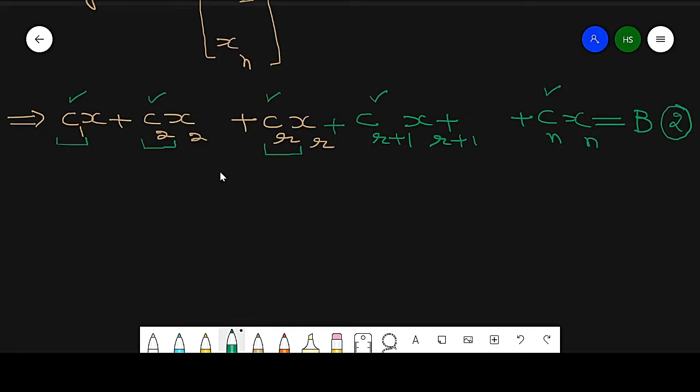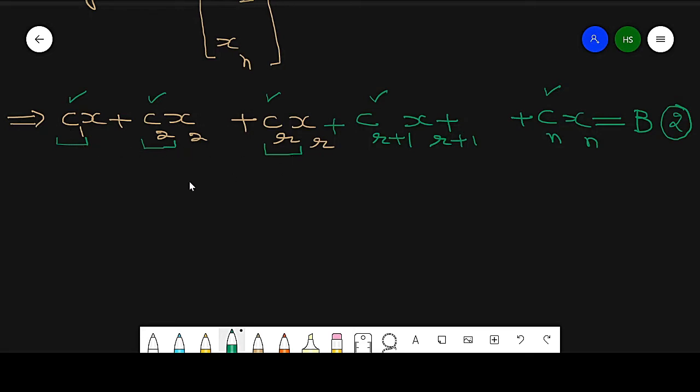Now from this fact, CR plus 1, CR plus 2, up to Cn can be written as a linear combination of these linear independent vectors.